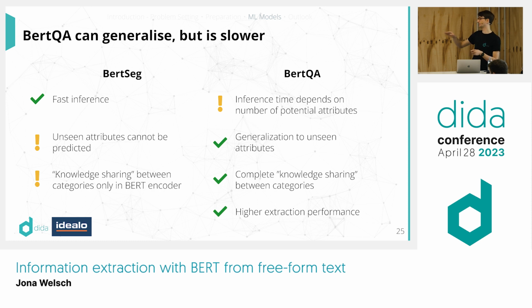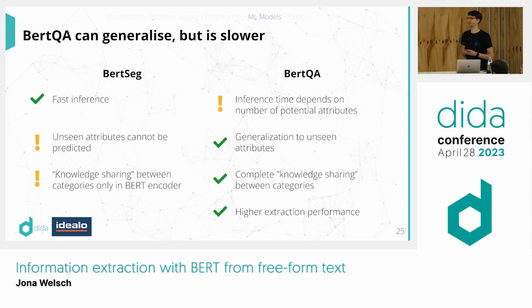And in BertSeg, you have knowledge sharing only between categories in the BERT encoder itself, because they have these category-specific classification layers, whereas in BertQA I have complete knowledge sharing, basically, because I use exactly the same classification layer and exactly the same encoder for every category. And well, last but probably most important, BertQA has, as we have just seen, the higher extraction performance.